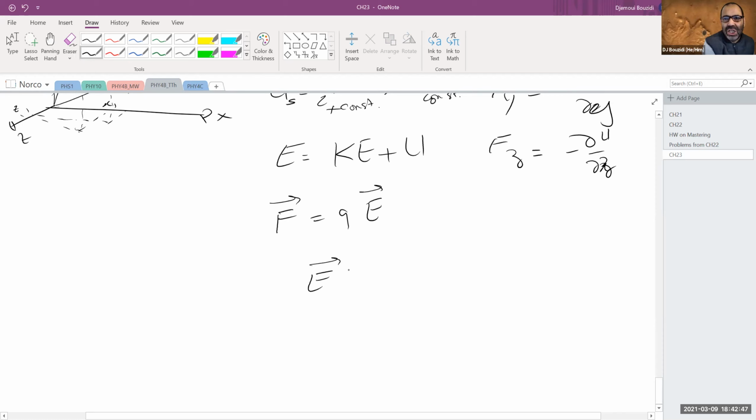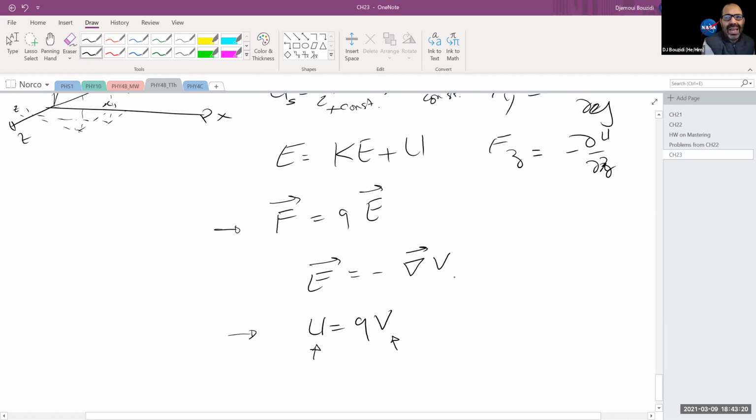So if E is equal to minus grad of V, then the potential energy is simply QV. That is all there is to it. If I plug back into this expression and multiply this by Q, I have U, and if I multiply this by Q, I have F. So here is how they connect to one another.